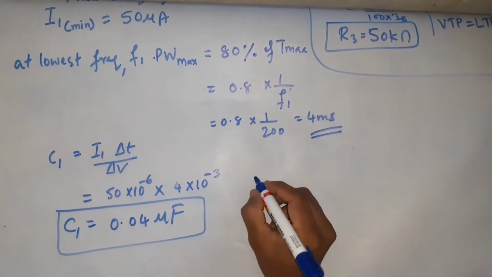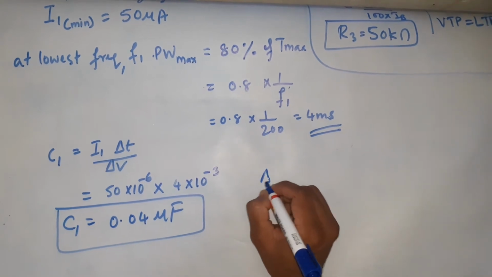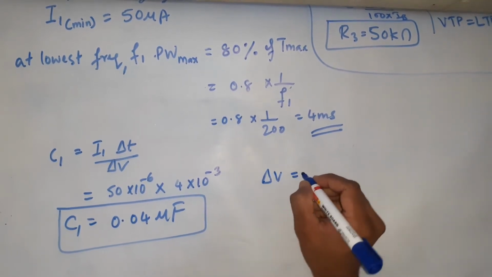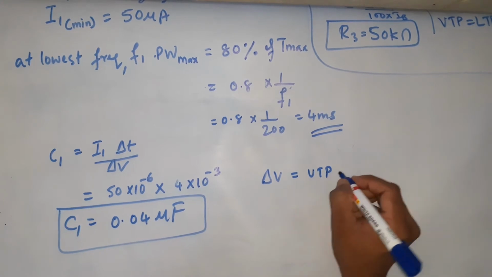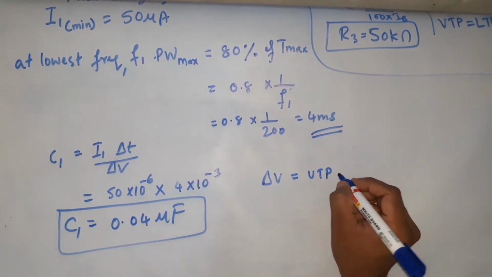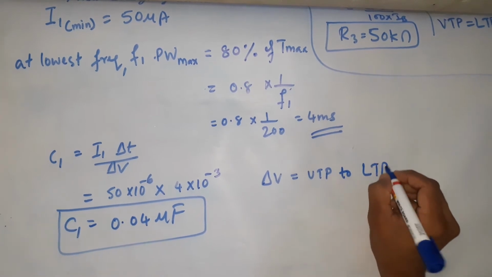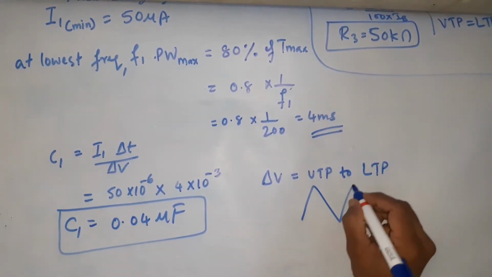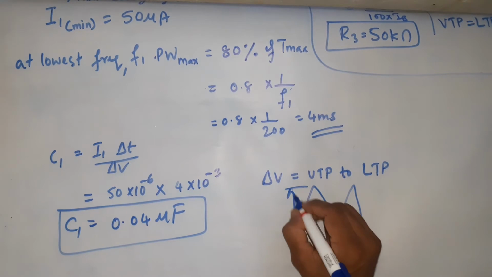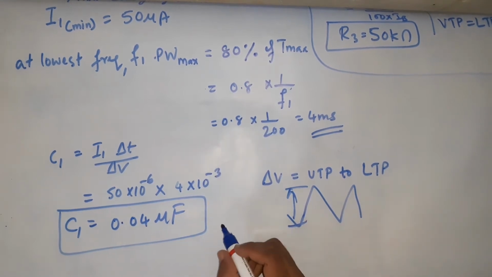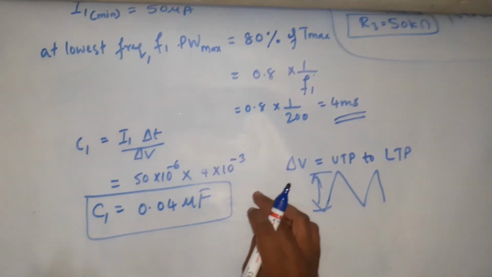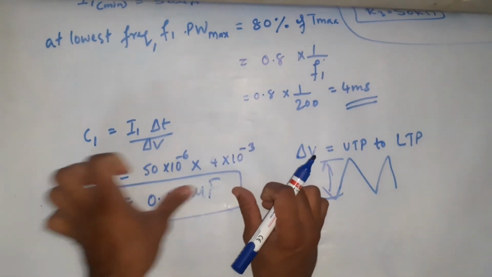And I missed one thing to tell you: change in voltage is from UTP to LTP. Change in voltage occurs from this point to this point, right? I didn't take it, so I have directly written it.